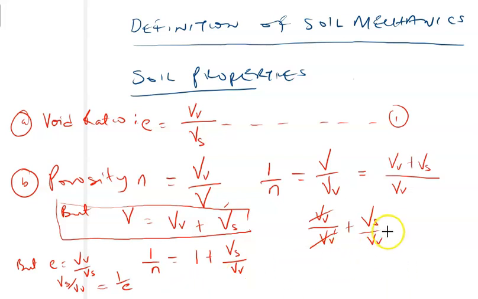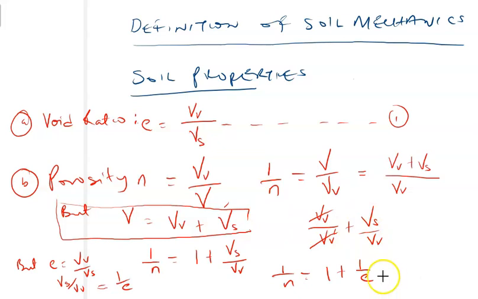So we carry this and come here, since we know that this is the reverse. What we now have is 1 over N is equal to 1 plus 1 over E, because it is the reverse of this.